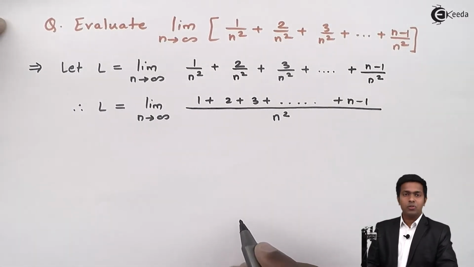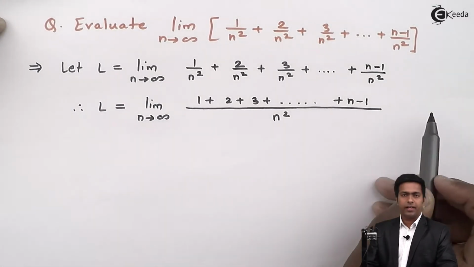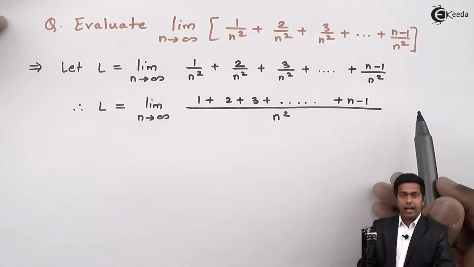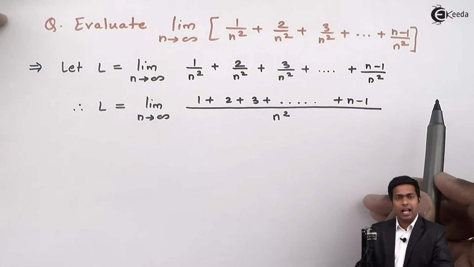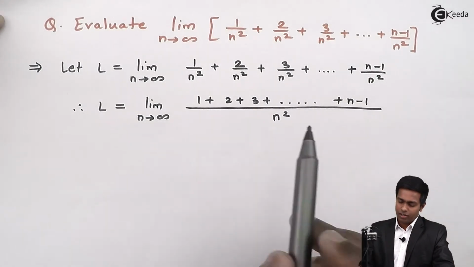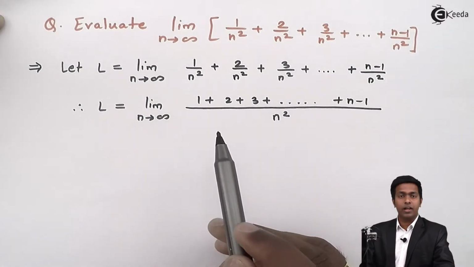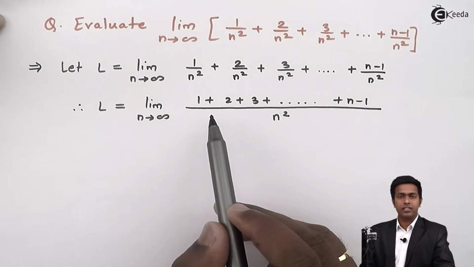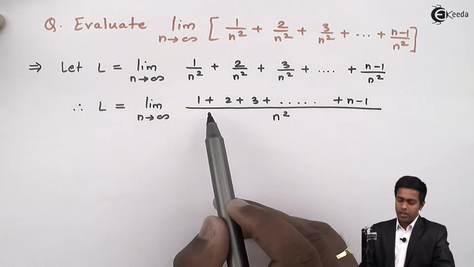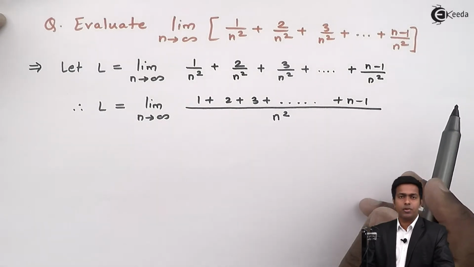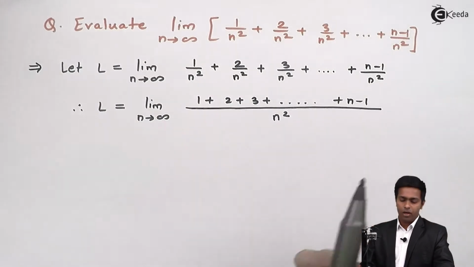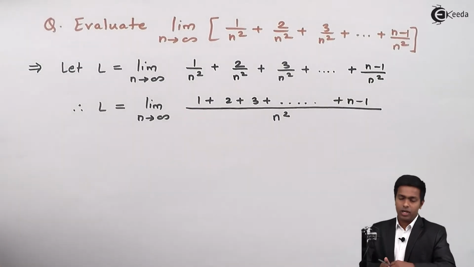If you observe the series in the numerator, it is in AP, that is arithmetic progression, and the difference between any two terms is 1, which means the difference is constant. So since this series is in arithmetic progression, we can use the formula.